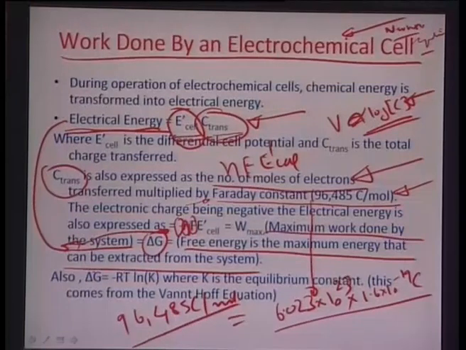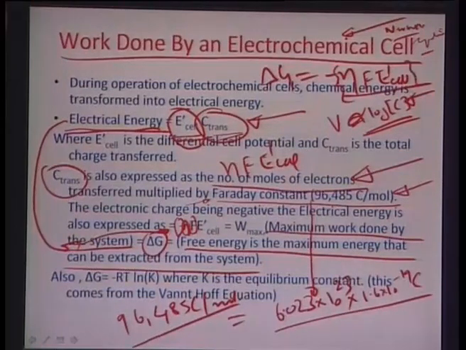So, the delta G can be easily equated to minus nFE'cell. Okay. This is the amount of work which has been already done in order to transfer nF charges through a potential E'cell in a particular illustration. So, the delta G can be equated to minus nFE'cell.